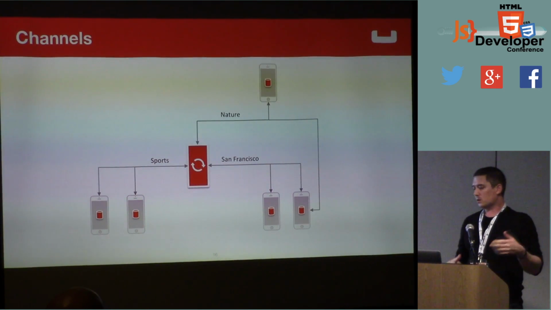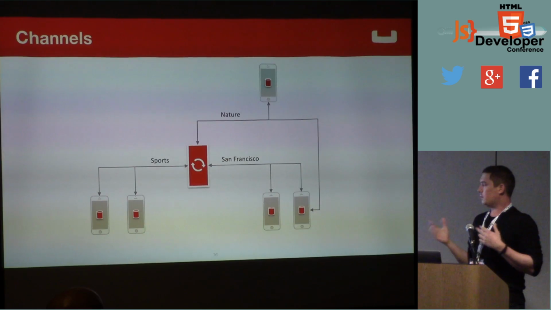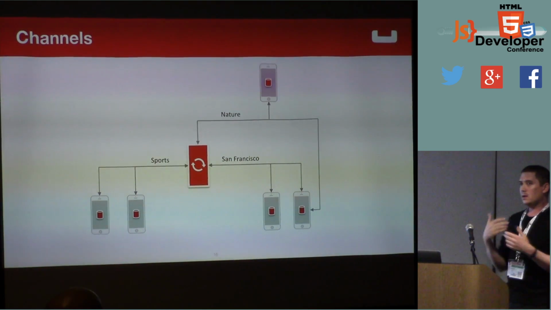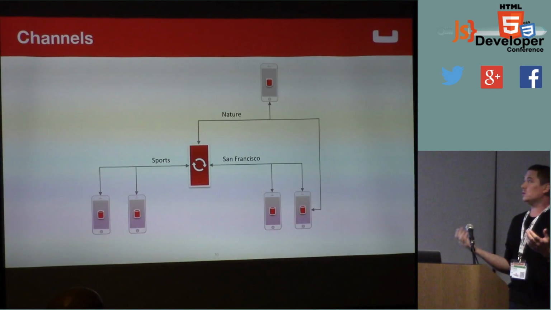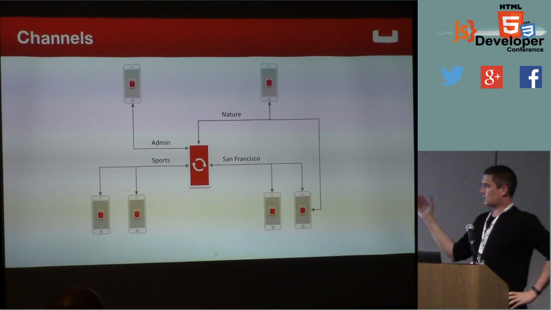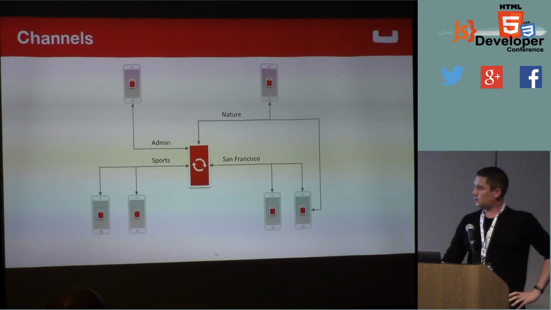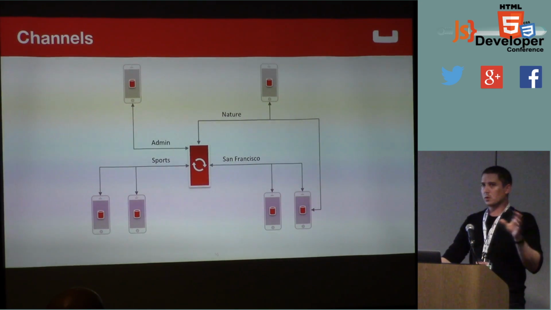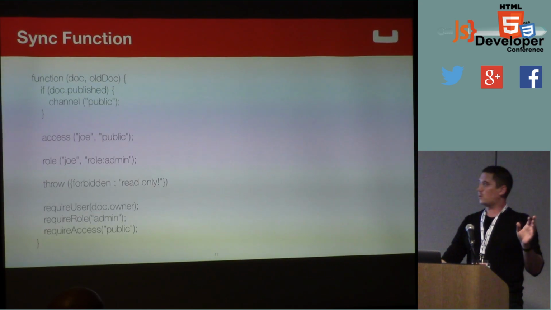And channels are many to many, so they can be assigned as many channels as you want to as many users as you want, and then you can create specialized channels for whatever you need. So this one's an admin channel for your admin data needs. So it's a super simple tool to just slice the data up and route it how you want.